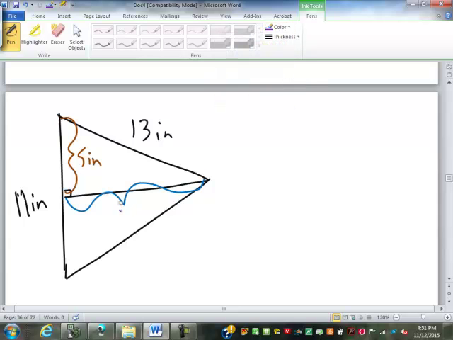What did you get for this? 12 inches. Okay, let's do that. Here's our right triangle right here.